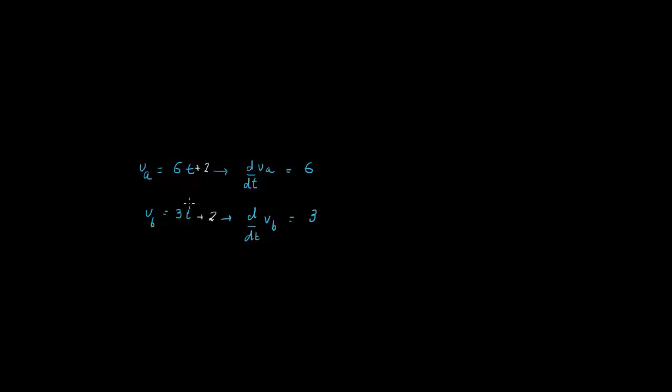We know that from the basic simple rule of differentiation. In the same way, if only tap B was operating and A was totally shut, the water would have been 3t plus 2 in total, but the rate of change of water would be simply d by dt of VB, which is 3.